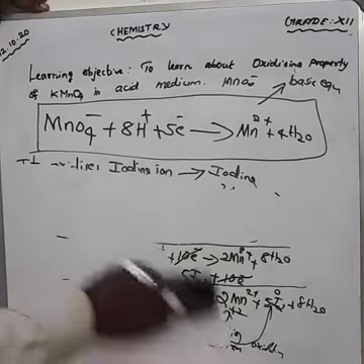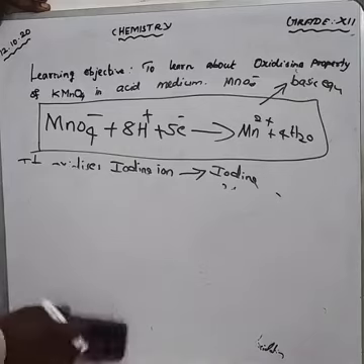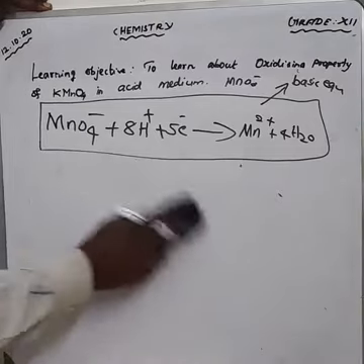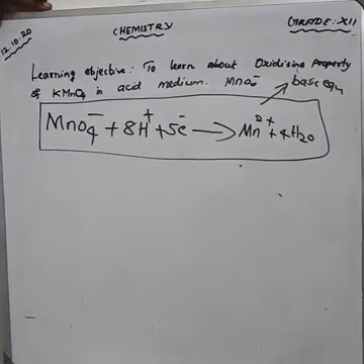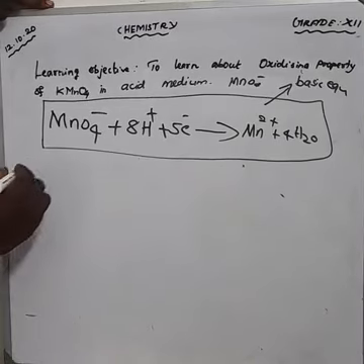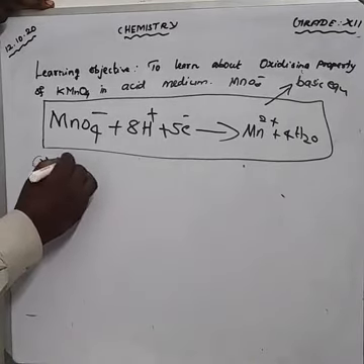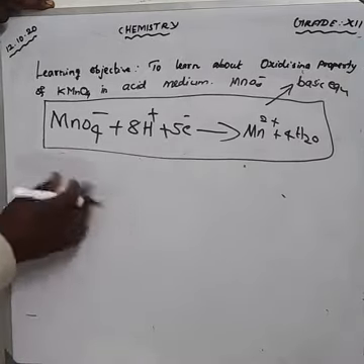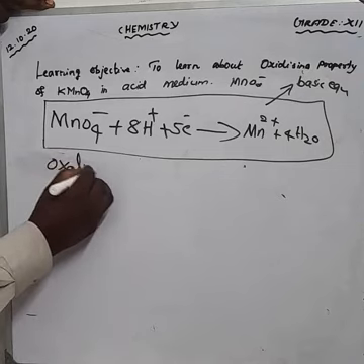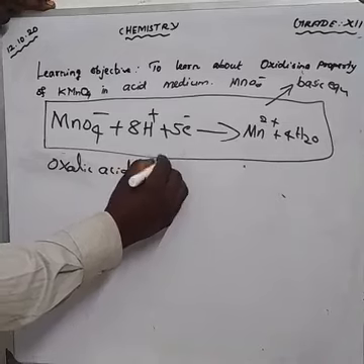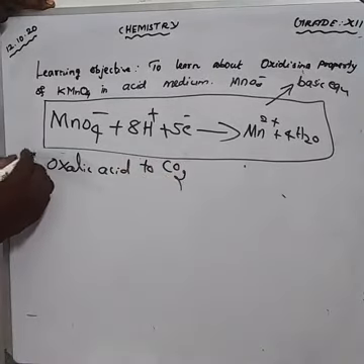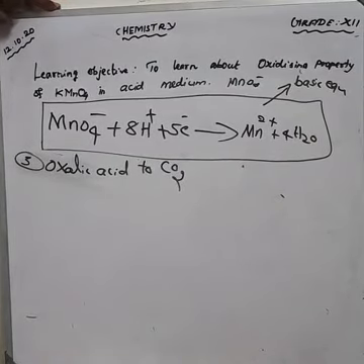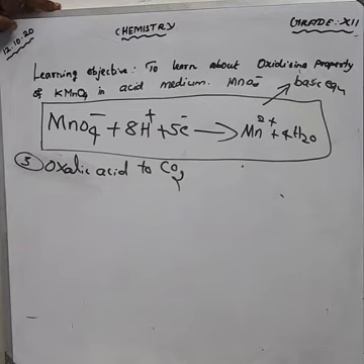The next one: potassium permanganate oxidizes oxalic acid to carbon dioxide.